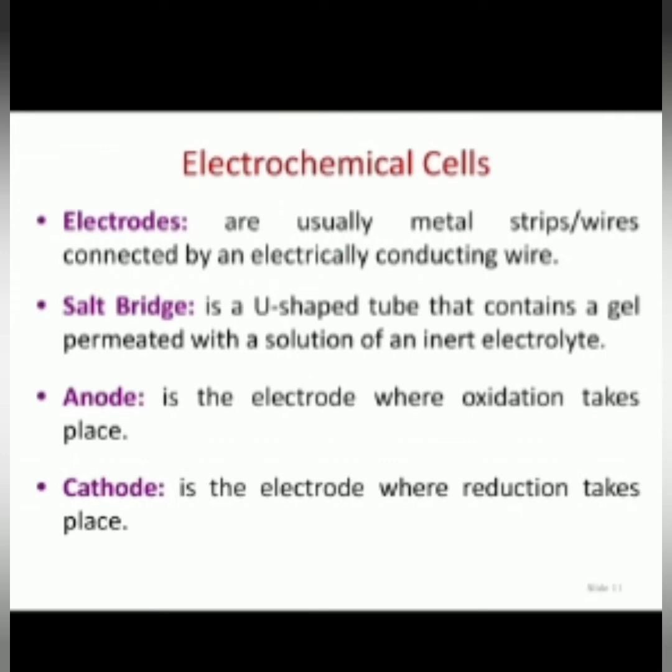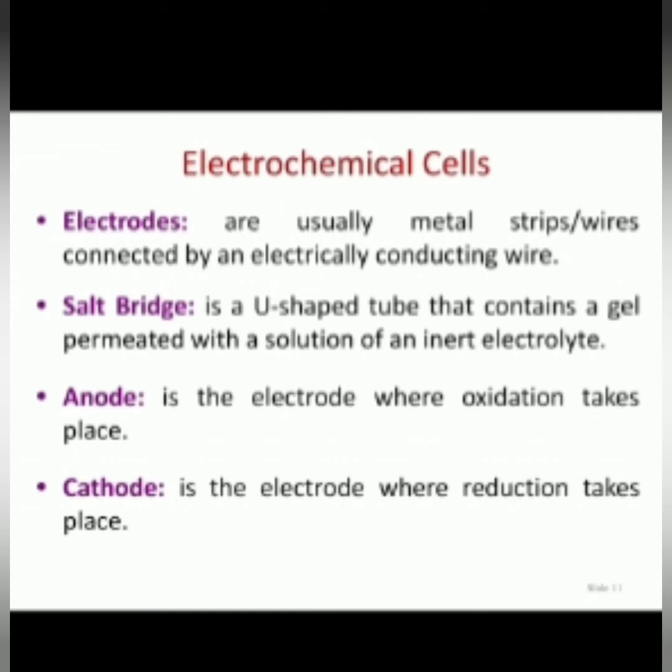And the salt bridge, as we know, we have already discussed it, is a U-shaped tube that contains a gel permeated with a solution of an inert electrolyte, KCl, potassium chloride. Why do we use KCl in the salt bridge? Because KCl provides K+ positive ions and Cl minus ions.